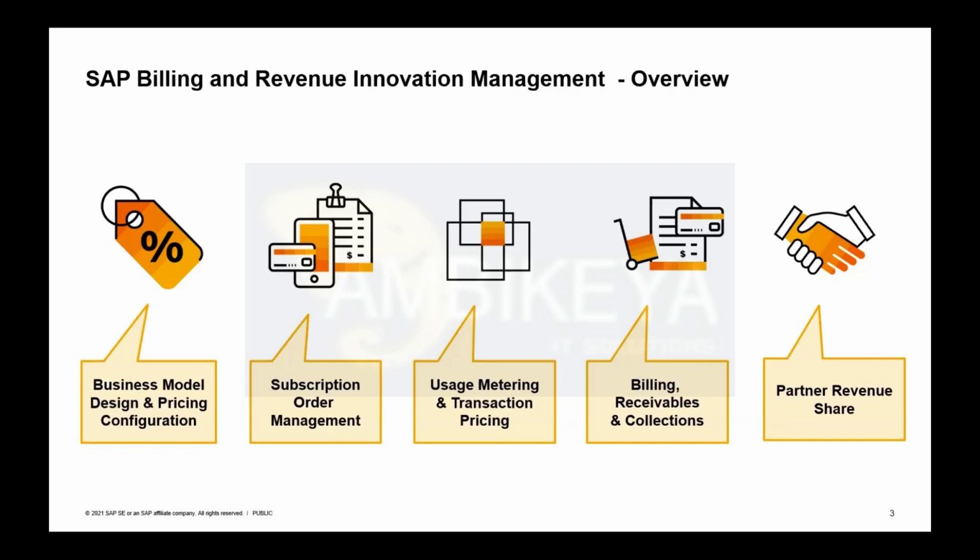Hardware is still covered by sales and distribution because we have an introduction to material management as well. But we have also the possibility to model bundles, which also include sales distribution objects. But today we concentrate on subscriptions.